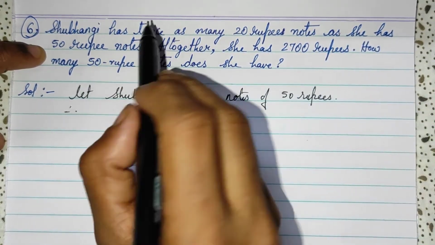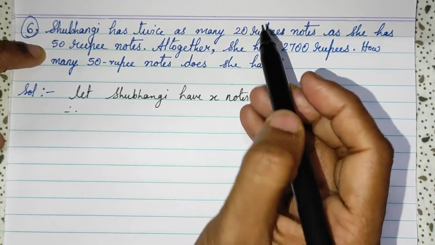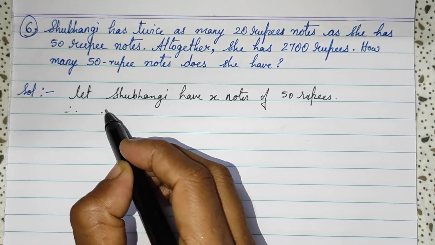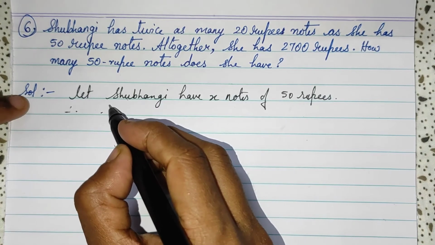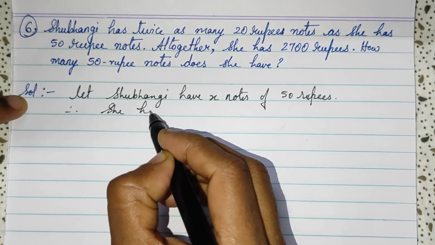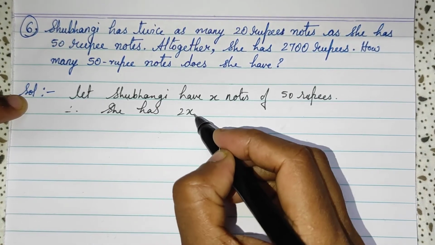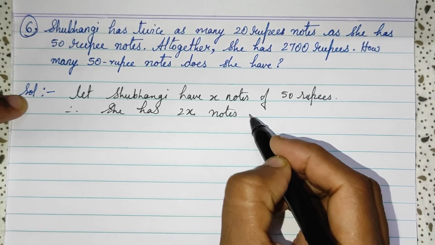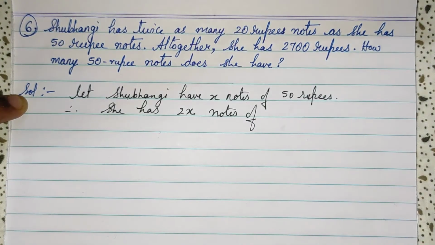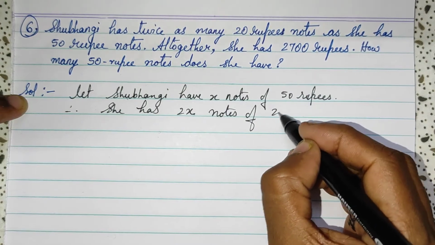Therefore, what they are saying, twice 20 rupees. So she has twice the 20 rupee notes, so she has 2x notes of 20 rupees.